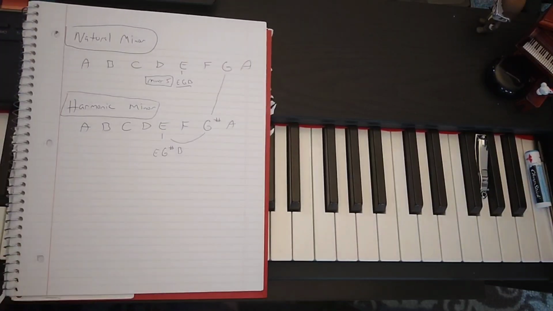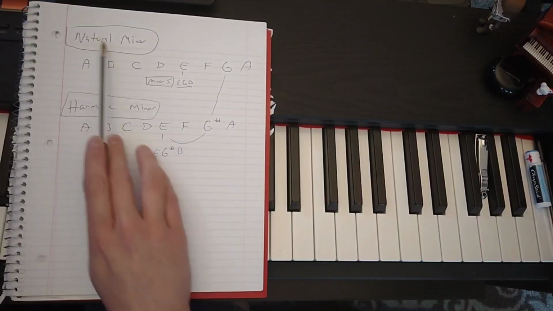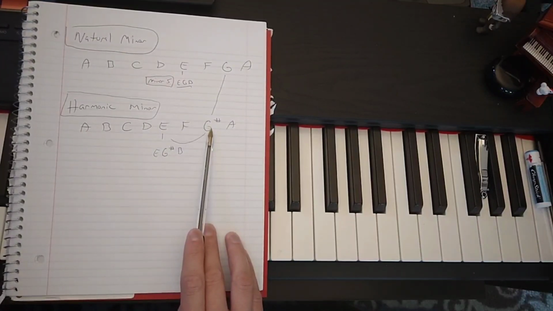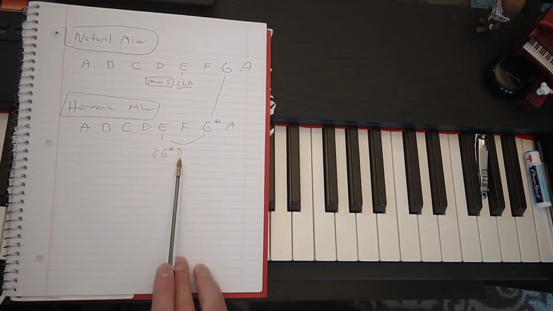And I just realized you guys can't see this, so I'm just going to recap here. The 5 chord is E minor in the natural minor. And then when you raise up that last note of the scale, you then create the 5 chord as a major chord.